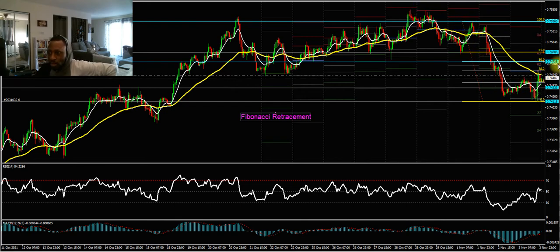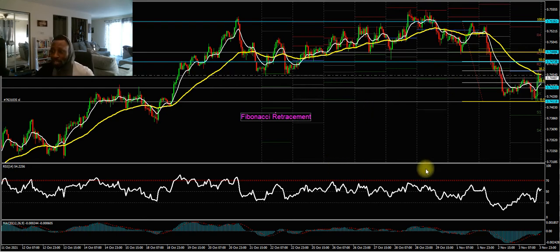All right. So you can see there are three significant percentages on the Fibonacci retracement. You have the 38.2%, you also have the 50%, and then you have the 61.8%. There are other areas on the Fibonacci retracement, but I do not really care about those.